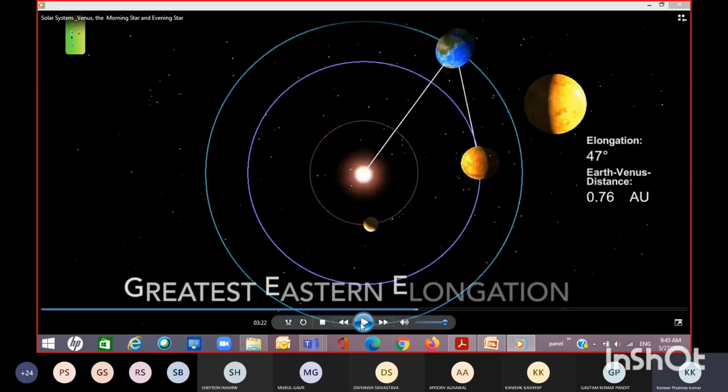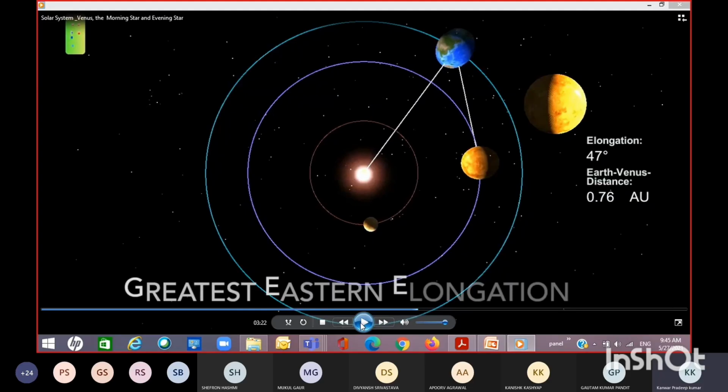Now see over here. Maximum elongation 47 degrees. What elongation is this? Eastern or western elongation? Western elongation. Western or eastern?